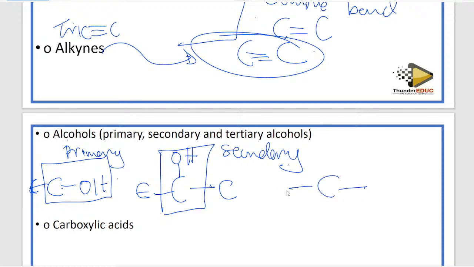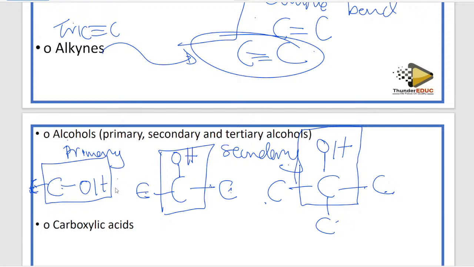Then I have one carbon atom here, one carbon atom here, and then another carbon atom there. So the OH is attached to this group, which has 1, 2, 3. So 3 levels. This one, secondary, the second level, 1, 2. And primary only has 1 level.